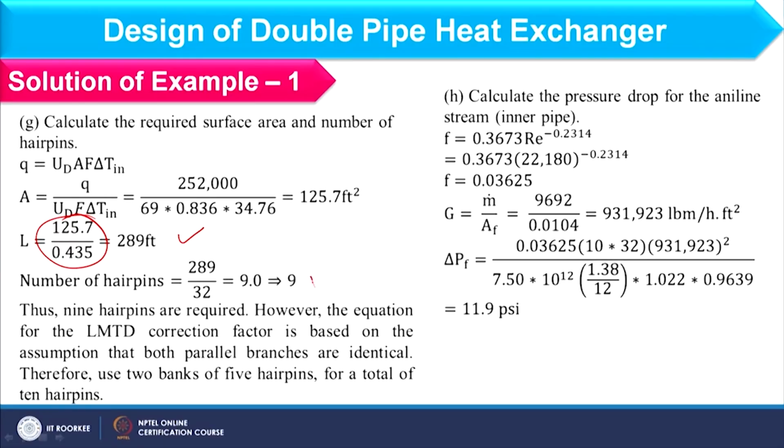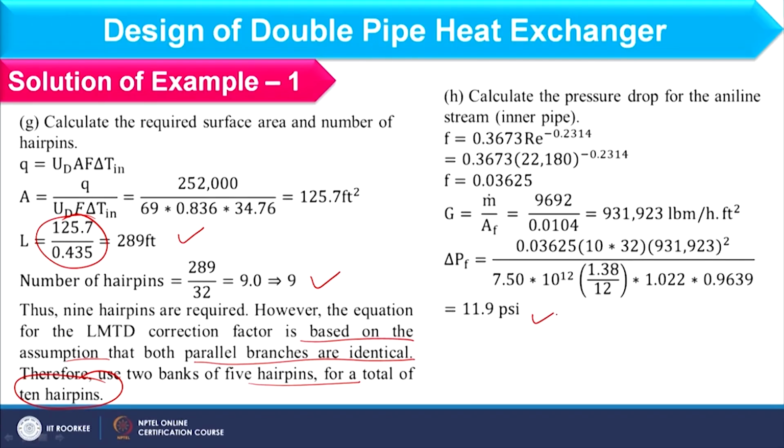If you consider the hairpin, that comes as 9. Okay. So, 9 hairpins are odd number. However, the equation for LMTD correction factor is based on assumption that both parallel branches are identical, and therefore, we use 2 branches for 5 hairpins or 2 banks of 5 hairpins. So, total number of hairpins will be 10. Okay. So, considering this, we can calculate the pressure drop for inner side.